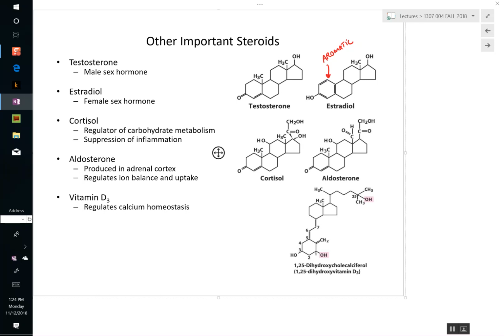So on vitamin D3, you basically have the components of a steroid nucleus with that bond broken in it. And it is considered a steroid, even though the nucleus is not entirely intact. So you follow that? Sure. Okay.